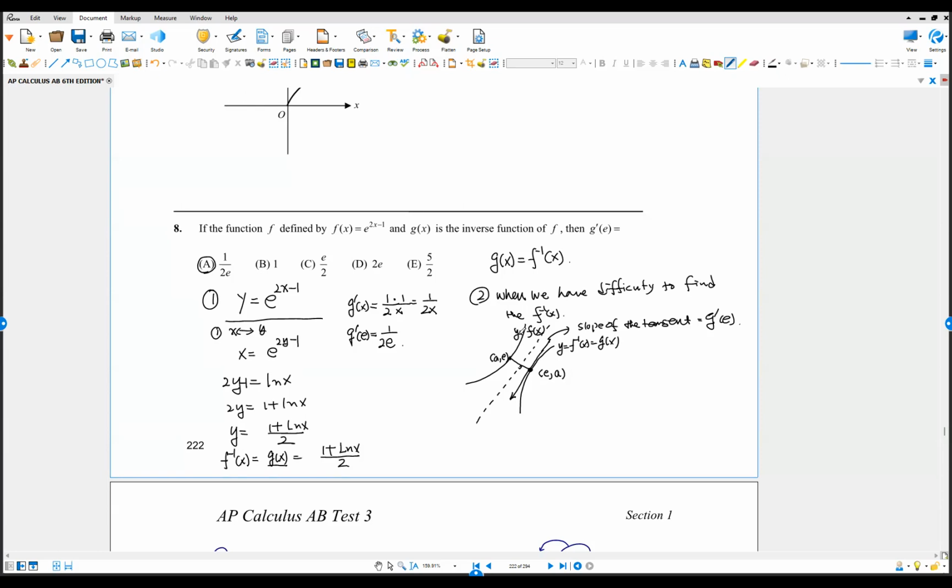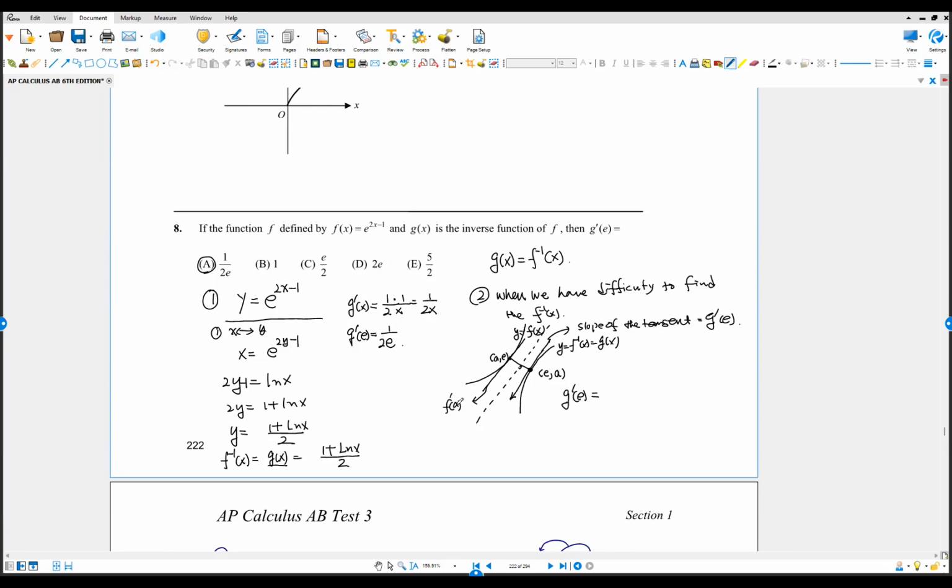But between these two corresponding points, there is a very interesting formula. What is the formula? g prime e first. At this point, we have another slope of a tangent line. That slope of a tangent line is what? f prime a, isn't it?